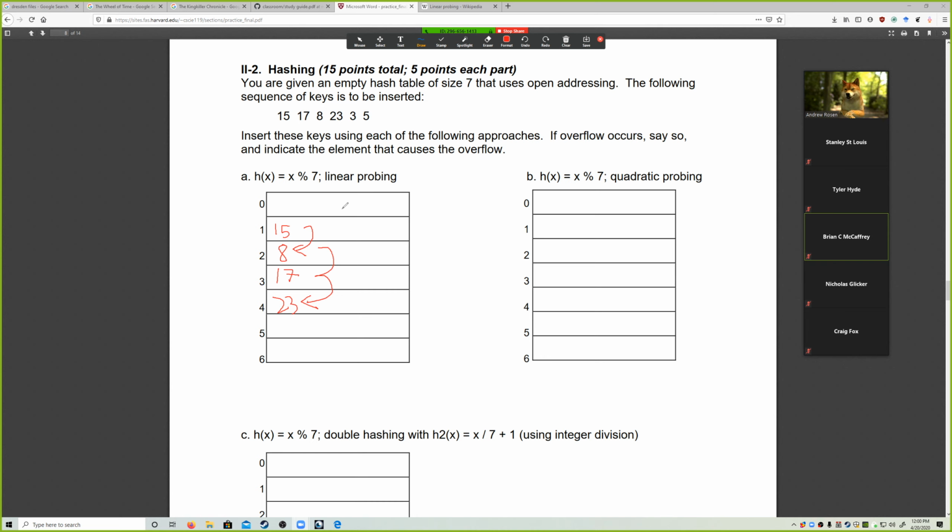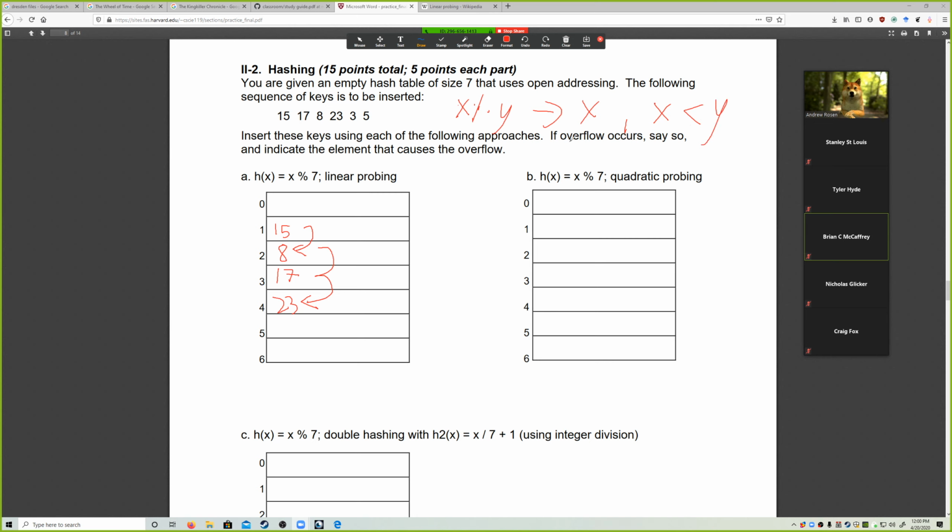Okay. 3 mod 7 goes to index 3. Remember, x mod y yields x when x is less than y.